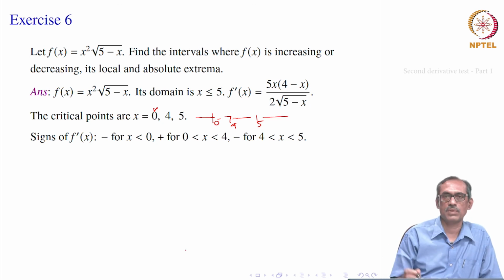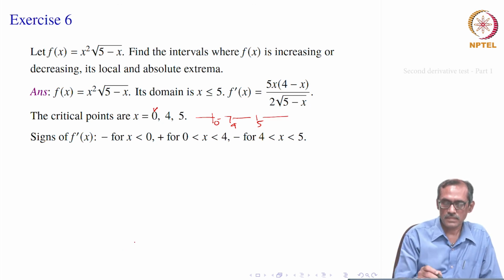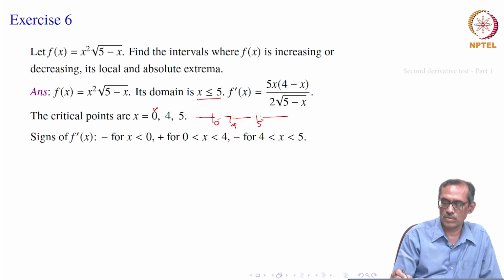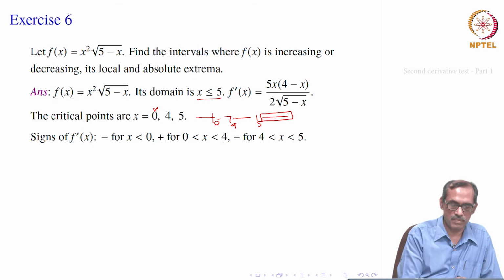Now, f prime is negative for x less than 0, positive for 0 to 4 and negative for 4 to 5, and after 5 we do not have anything, because the function is defined only for x less than or equal to 5. So, that is how the signs of f prime of x are.